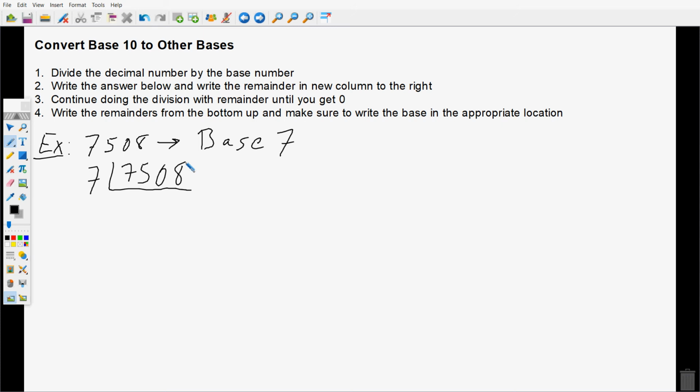Now, to the right of this 7508, I'll write remainder, because I'm going to have a list of the remainders.